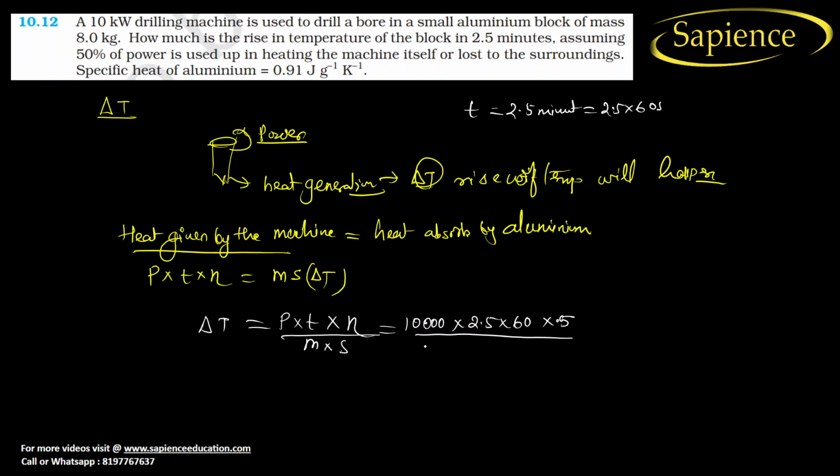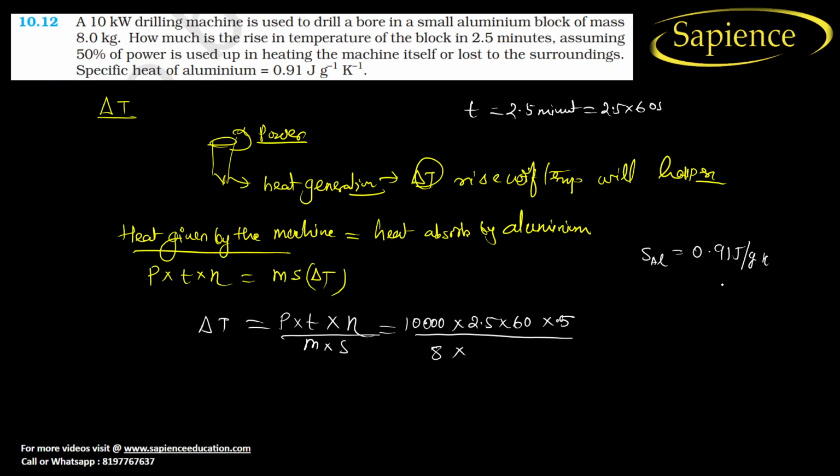divided by mass. What is the mass of the aluminum? The aluminum block is 8 kg mass. And what is the specific heat of the aluminum? Specific heat of the aluminum is given as 0.91 joule per gram per Kelvin.